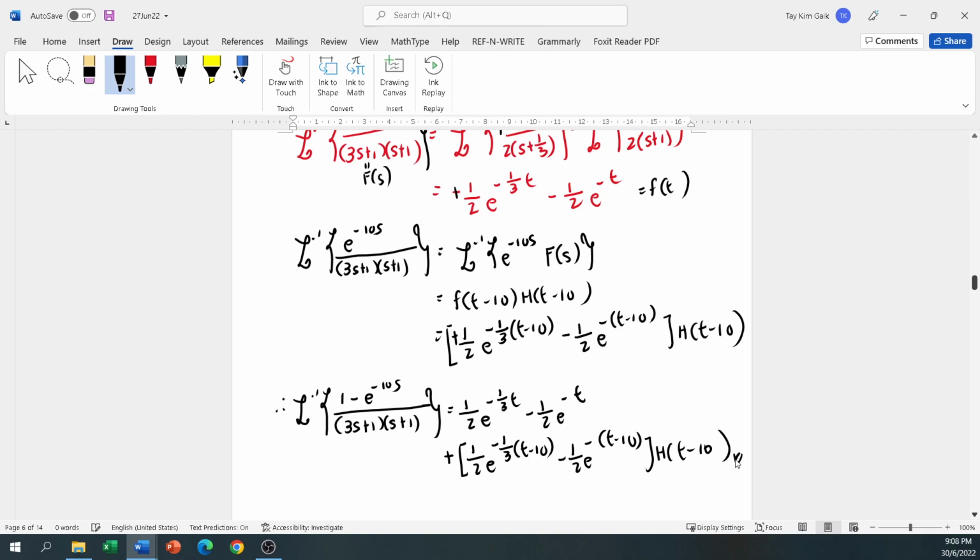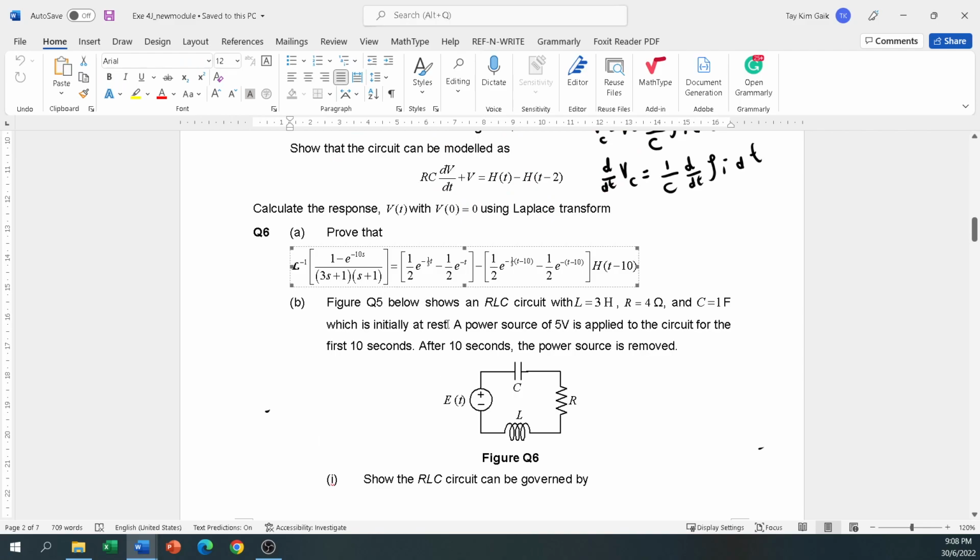So this is question 6a. We have proved that.